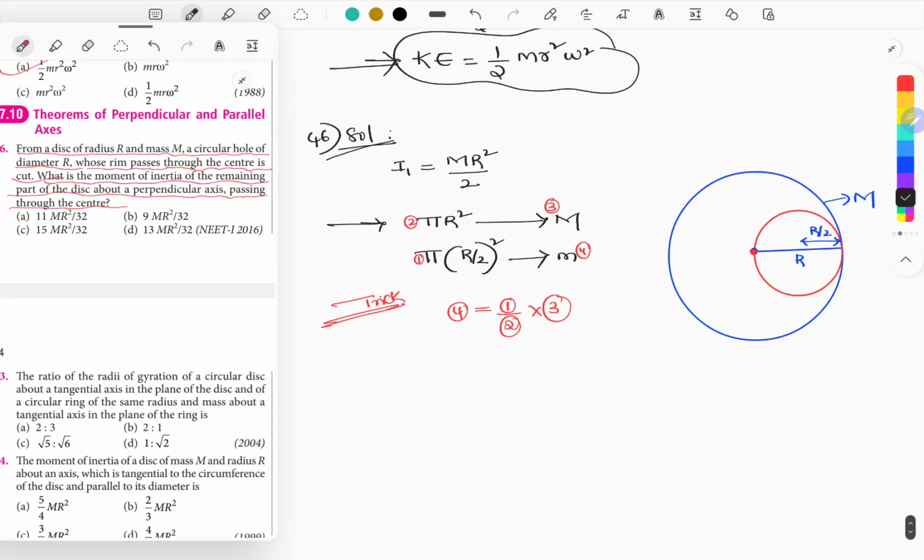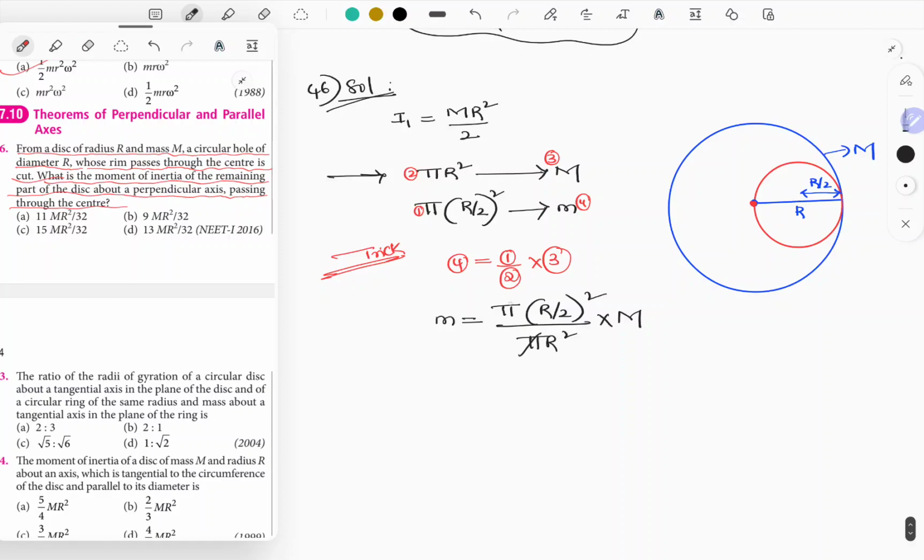So small m is equal to, what is meant by 1 here? It is pi R by 2 whole square divided by pi R square into total mass capital M. Pi will get cancelled out, R square will get cancelled, then small m is equal to M by 4. This is the mass which is being removed.